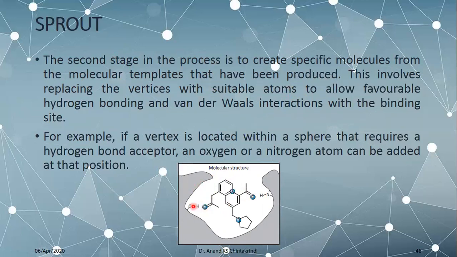As you can see here, say this is a serine residue, and say this is a lysine residue, an NH residue. Only an sp2 hybridized vertex was present here, but now this has been changed to oxygen such that it can have a hydrogen bond interaction in this place, similarly at this place. For example, if a vertex is located within a sphere that requires a hydrogen bond acceptor, an oxygen or nitrogen can be added at this position.